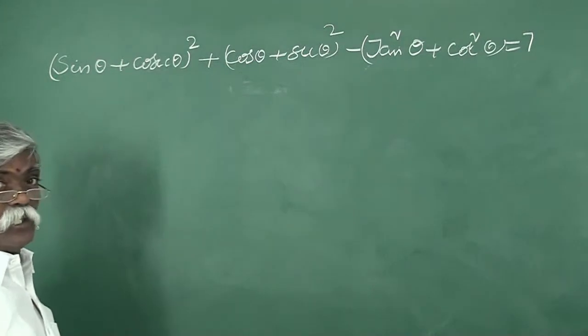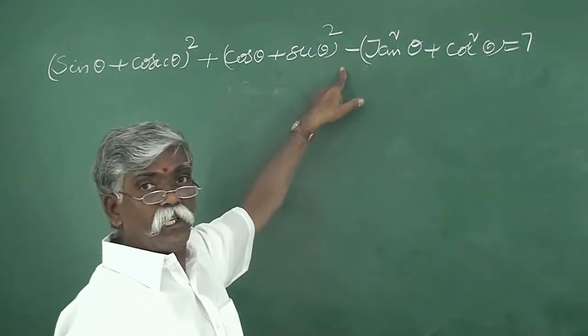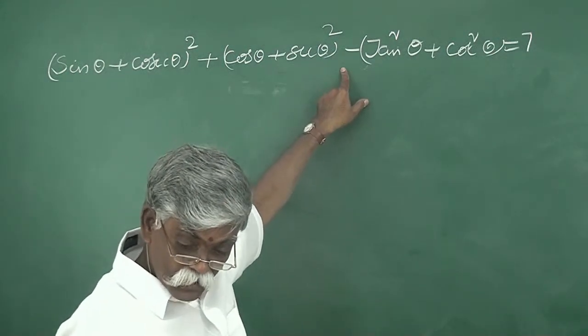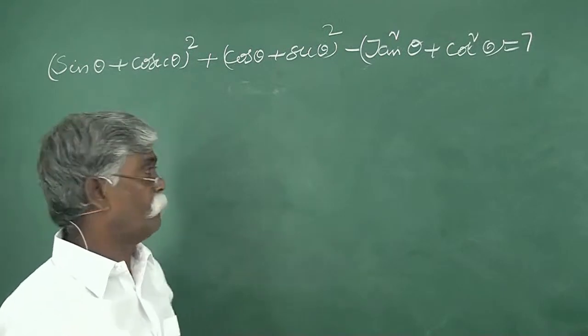Sin theta plus cosecant theta whole square plus cos theta plus secant theta whole square minus of tan square theta plus cot square theta equal to 7.